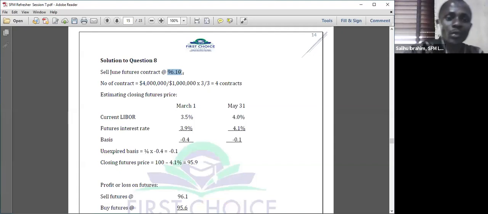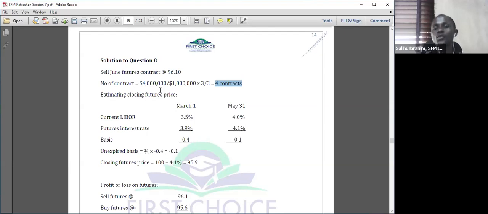So number of contracts: my exposure is 4 million, my contract size is 1 million, times loan period. I'm using 3 months, because our contract expires every 3 months. The 3 there is constant. So that is 4 contracts. We are selling 4 contracts.